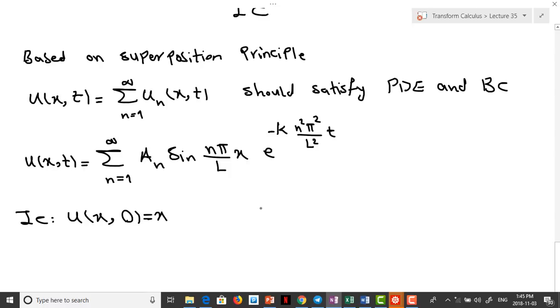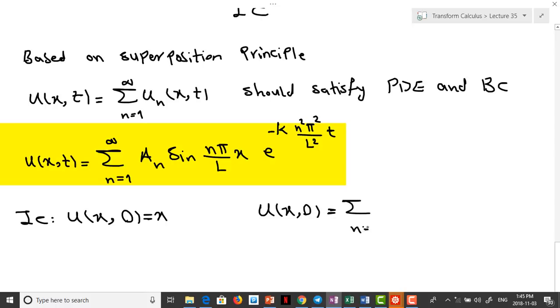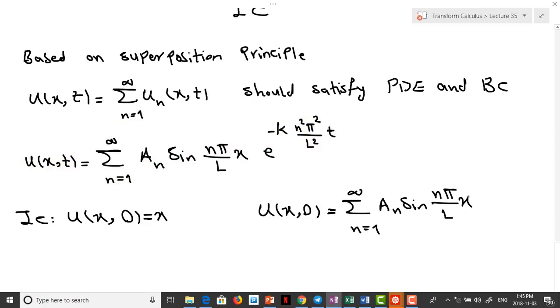Based on the solution that we found here, u of x and 0 is equal to summation of n from 1 to infinity an sine n pi over lx, and e to the power of 0 is equal to 1. So based on the initial condition, this should be equal to x. In fact, if we can find an such that summation of an sine n pi over lx, n from 1 to infinity, is equal to x, we could find solution of the problem.